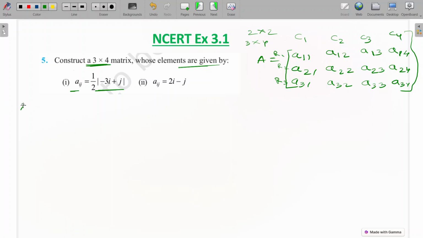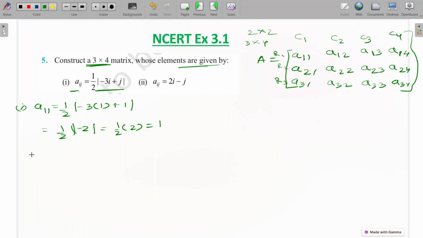So first we will solve A11. A11 is half of the mod of minus 3 into 1 plus 1, which is half of the mod of minus 3 plus 1, that is the mod of minus 2 is 2, half of 2 is 1. So A11 is 1.